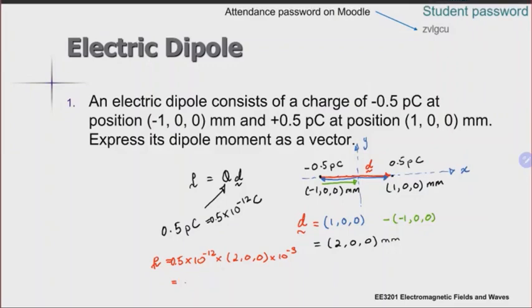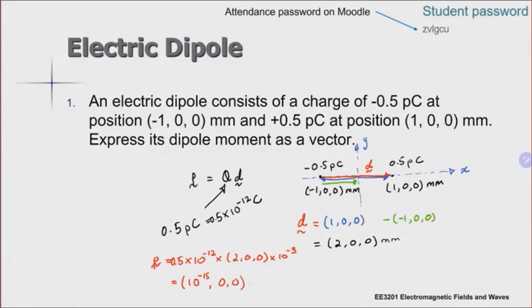So 0.5 times 2 gives us 1, 10 to the minus 12 times 10 to the minus 3. This gives us 10 to the minus 15, and this 0, 0. Then the unit will be coulomb meters.